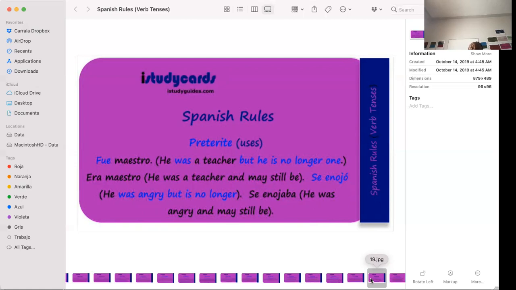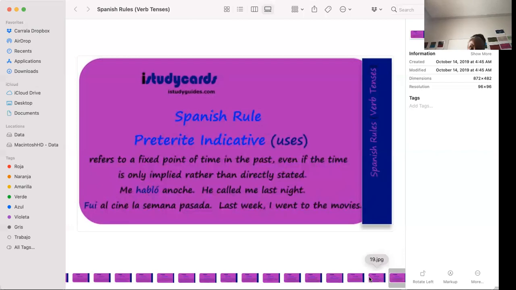Enojar, estar enojado. Say enojó, he's not angry anymore. Versus say enojaba, he may still be angry. I don't know.